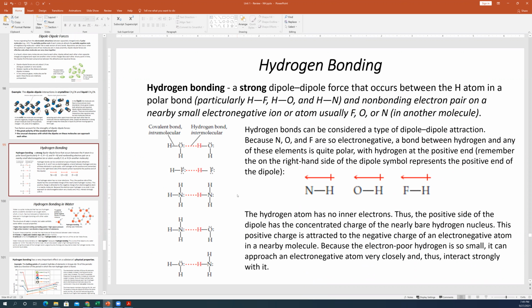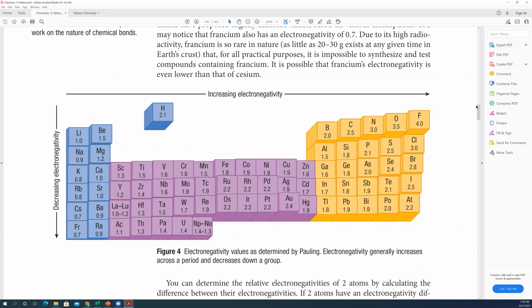So I remember you said that hydrogen doesn't have enough electrons, or was it that? Yeah, so I can show you here this table of electronegativity. Hydrogen's electronegativity is only 2.1. It's not as strong as some of these elements here.